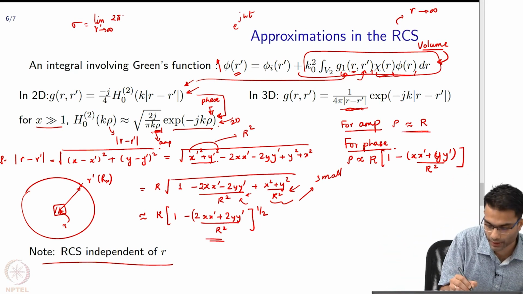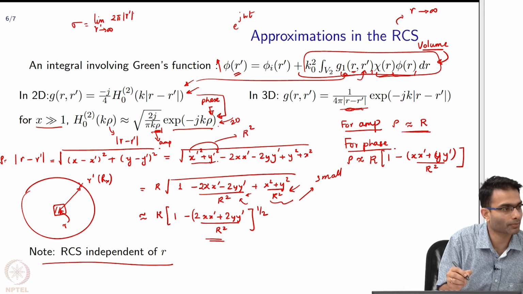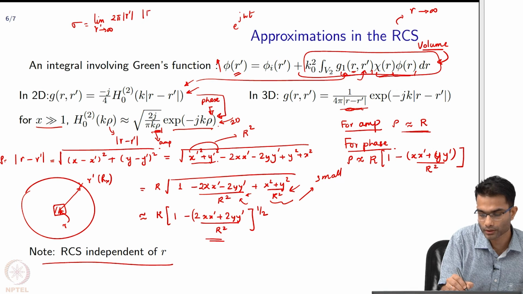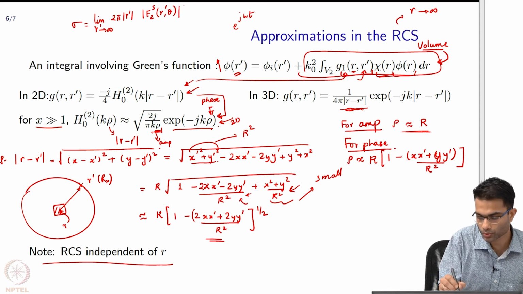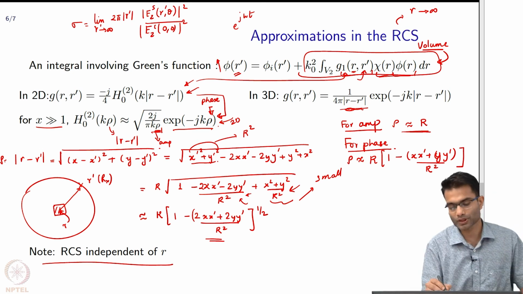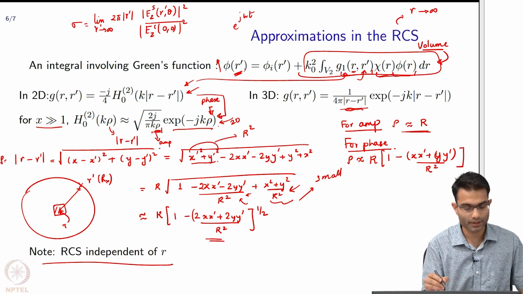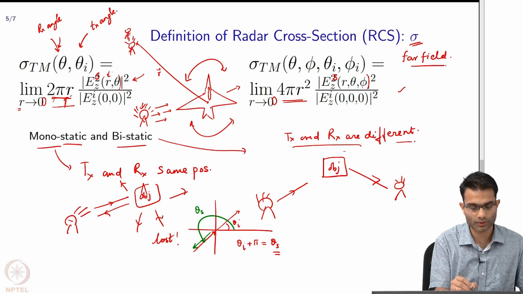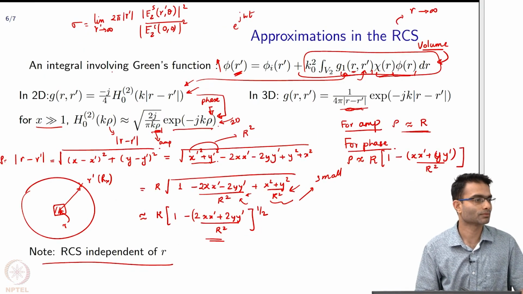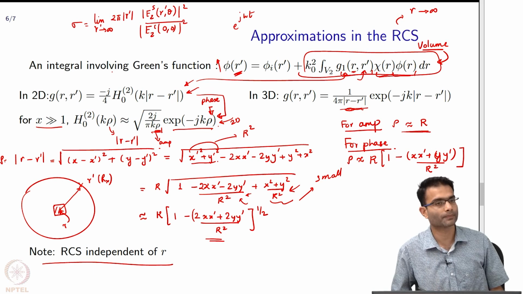So, this is 2 pi, let us call it r, mod of r prime, and then E z scattered at r prime, theta, squared, over E z I at 0 0. That is because I had the field here in terms of prime coordinates, and this definition over here assumed it was in terms of unprime coordinates, just a small change in convention.